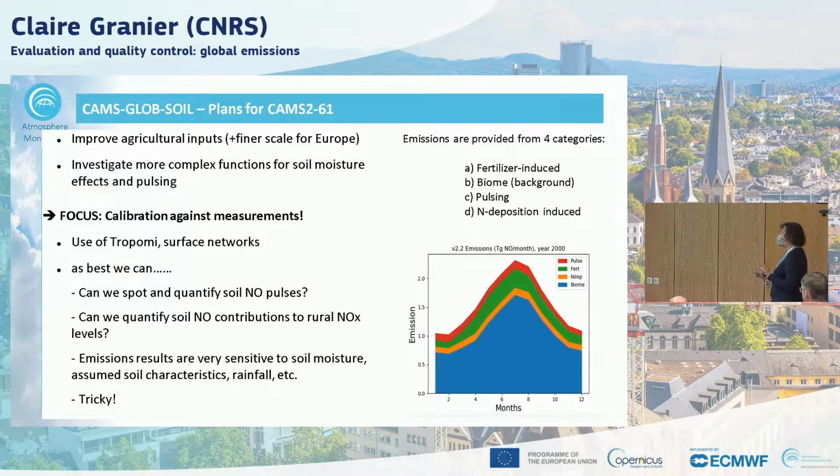What we need to do for these NOx emissions, which are extremely complicated, is to try to calibrate as best as we can against measurements, as David says. So we try to see if we can spot and quantify these pulses, and whether we can quantify the soil contribution to rural NOx levels, and look also at how we can better define emissions depending on soil moisture, soil characteristics, rainfall, and so on. So as he said, it's tricky.